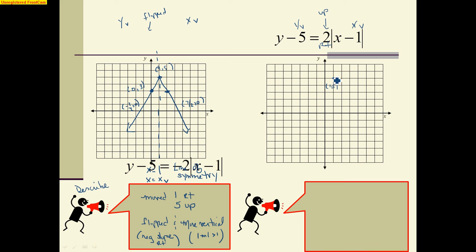I go up 2 over 1. Draw my line of symmetry through the vertex. Label it, x equals the x coordinate of the vertex. And then flip this right across. Oh snap, there's my y-intercept. I hope it's 7. 1, 2, 3, 4, 5. Yep.